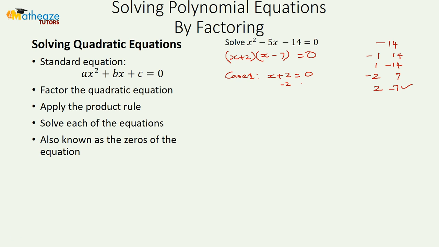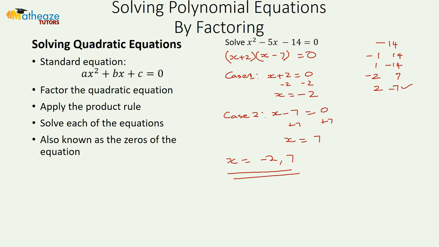So we subtract 2, so x equal to negative 2. And then case 2, x minus 7 equal to 0, plus 7, so x equal to 7. So the values of x equal to negative 2, 7.